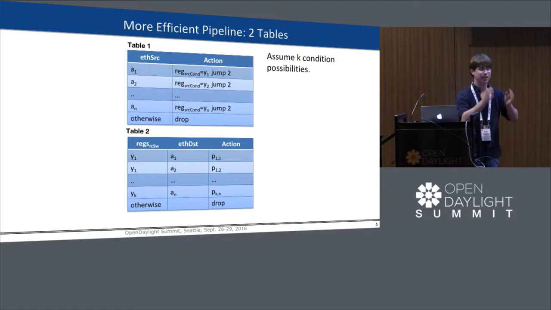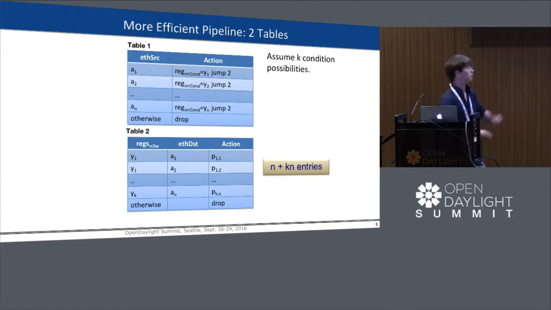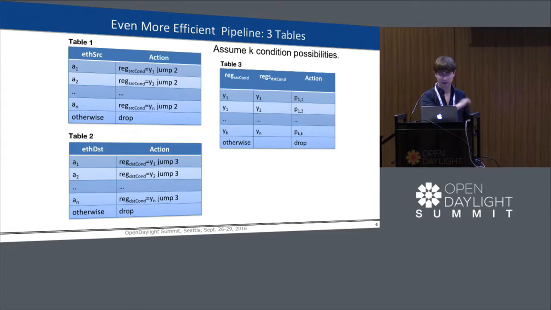And then we can take that condition ID and the destination port and map it to an action. This gives us a total of n entries for the first table and k times n entries for the second table. Provided that k is smaller than n, however, there exists a third, obviously better paradigm.